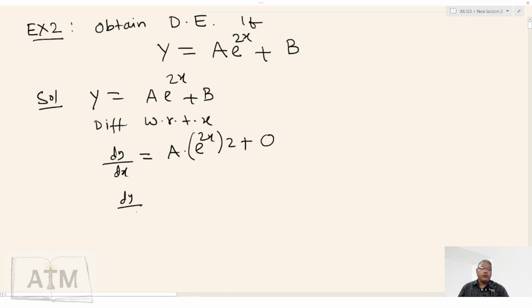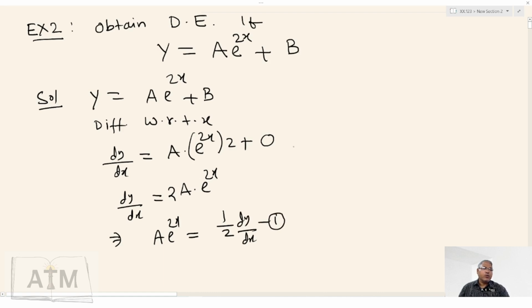Therefore, dy by dx equals a into e raised to 2x multiplied by 2, which implies a into e raised to 2x equals 1 upon 2 into dy by dx. Call it equation 2 and the original one equation 1.